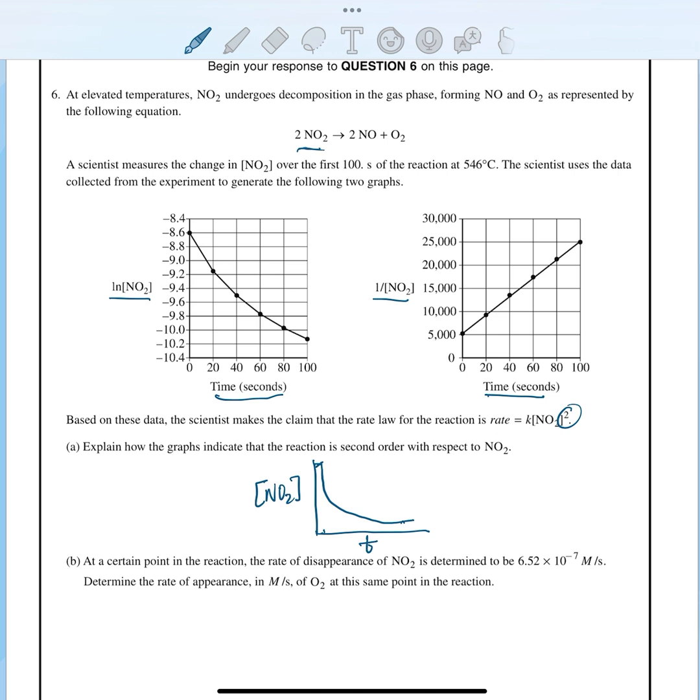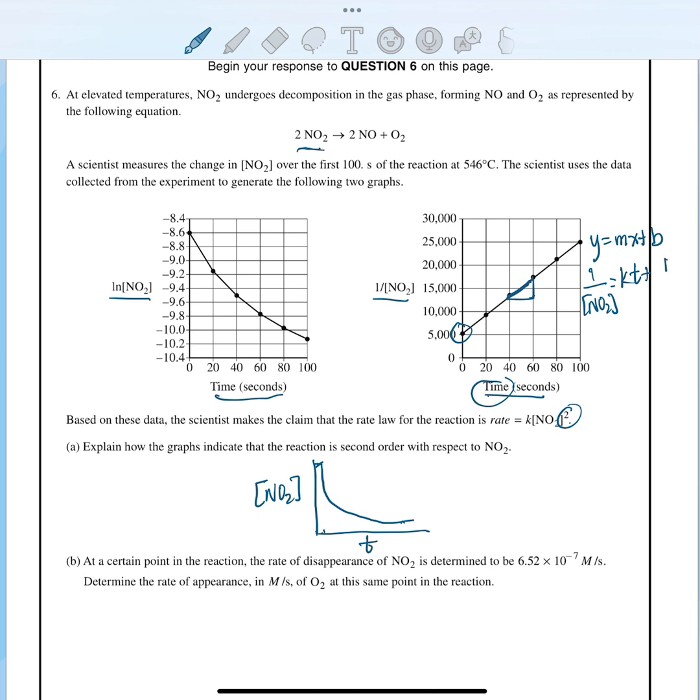It follows the linear equation y equals mx plus b, where y is your 1 over NO2, that's your y-axis. The m is the slope. In this graph, if we do the slope from here to here, this rise over run, that's actually your k value, your rate constant. And then x is your time.